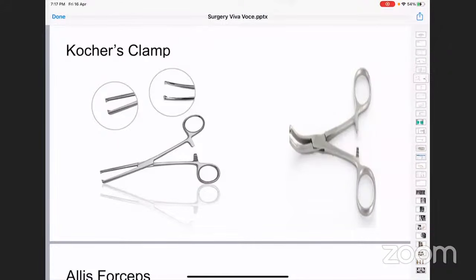So we have Kocher's forceps or the Kocher's clamp, which we are just talking about. Then there is something known as a Kocher's point, which is a common entry point for an intraventricular catheter to drain cerebrospinal fluid from the cerebral ventricles. When you are doing external ventricular drainage, you use Kocher's point.